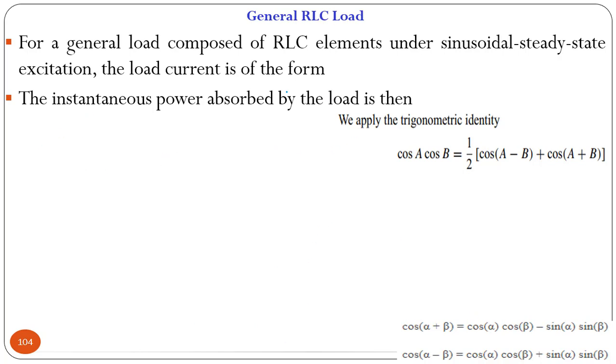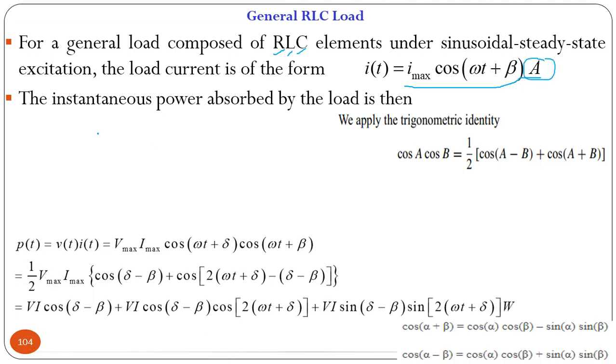For a general load composed of resistive, inductive, and capacitive elements under sinusoidal steady state excitation, the load current is of the form i(t) equal to I max, the maximum of the current, times cosine of omega t plus beta, in amperes.